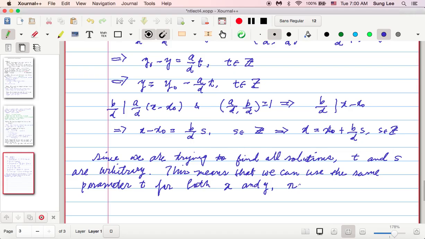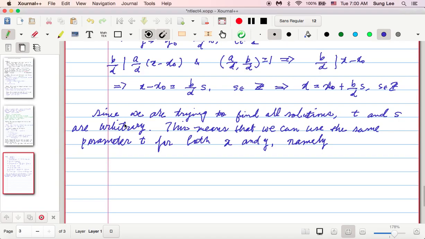Namely, x equals x naught plus b over d t, y equals y naught minus a over d t, and here t is in Z, right? t is an integer.